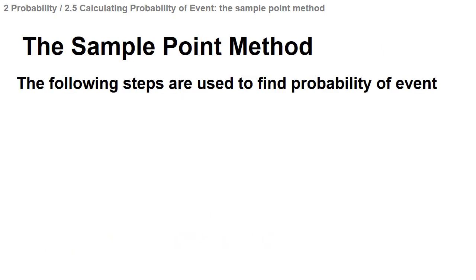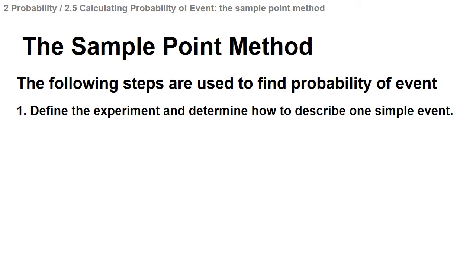The following steps are used to find the probability of an event by using the sample point method. Step 1, we define the experiment and determine how to describe one simple event. So given the situation, we first define the experiment and then determine how to describe one simple event.